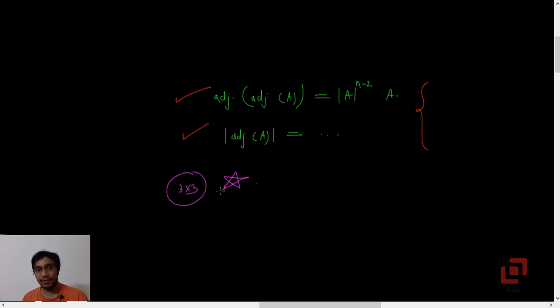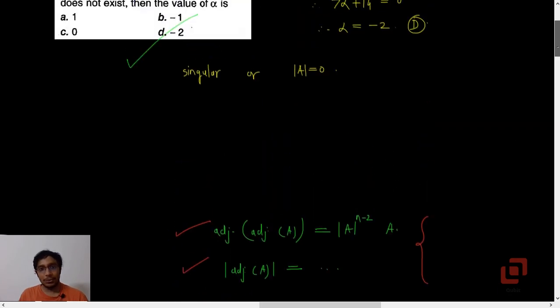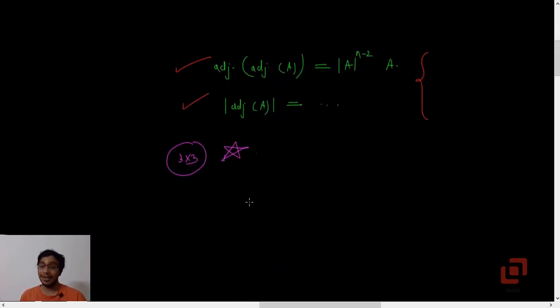So please develop that technique of eliminating the options just to save your time. You are not required to find the inverse by the adjoint method. No matter how fast you are in determining the inverse by the adjoint method, if you eliminate the options, that is always going to help. Correct? Yes. So that is the end of matrices.